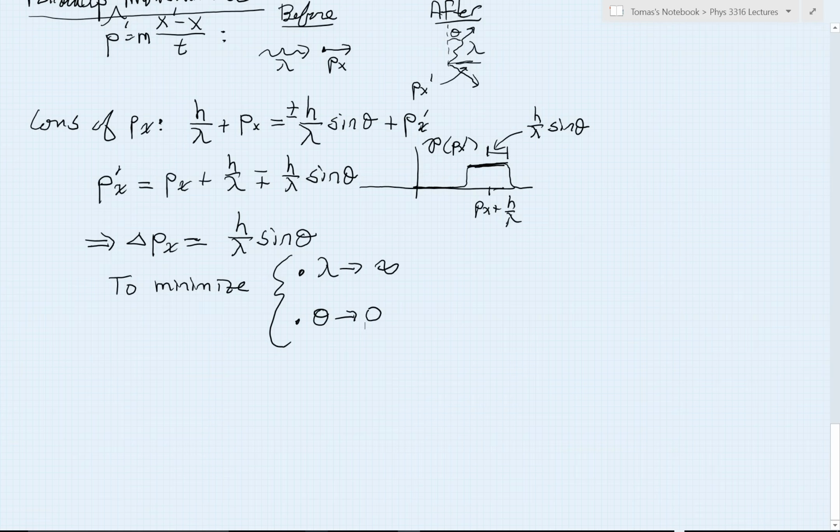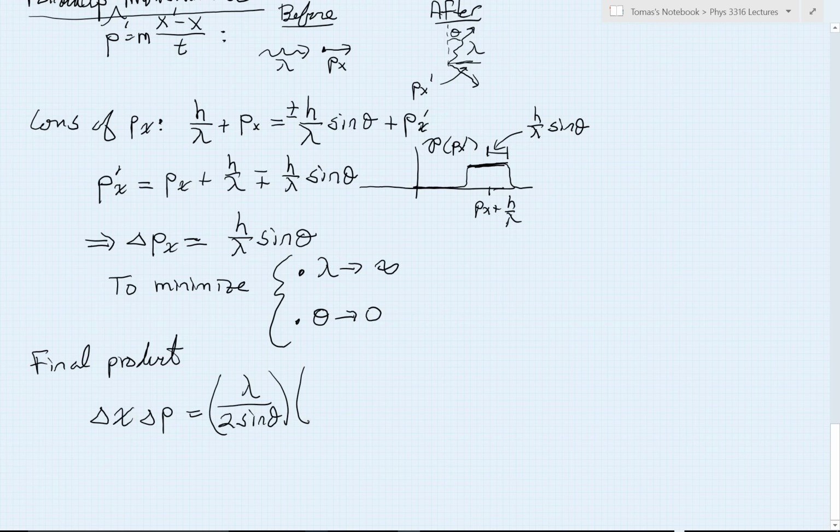And the final product is what we want to check. And you can see then our delta x times delta p, in this case, will equal lambda over 2 sine theta, was my diffraction limitation. My momentum uncertainty, as we just saw, was h over lambda times sine of theta.